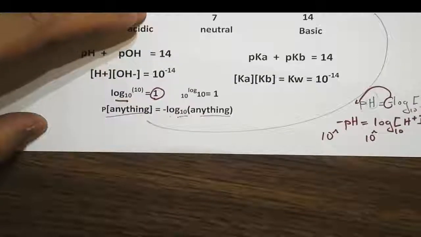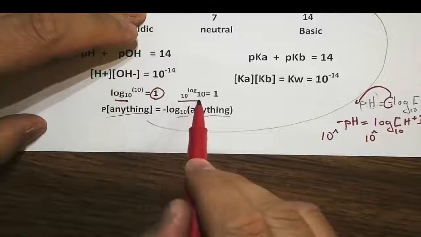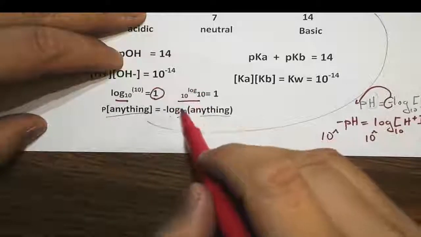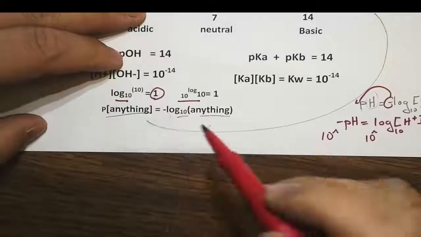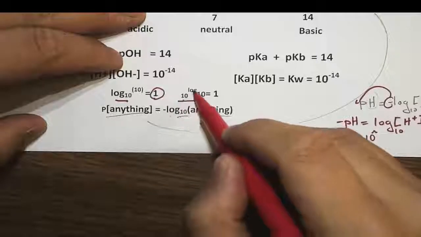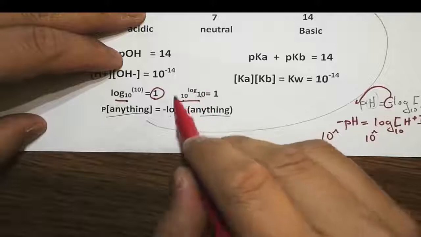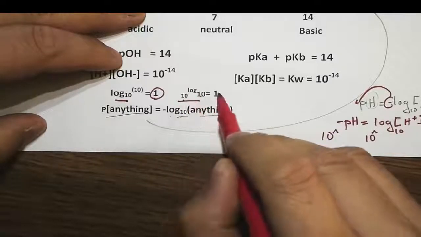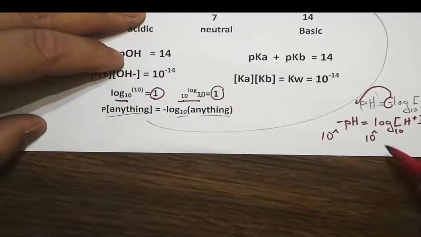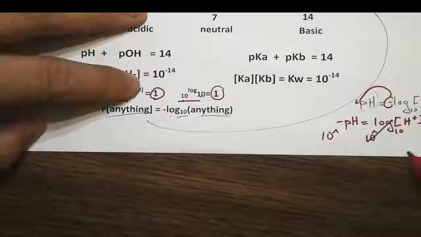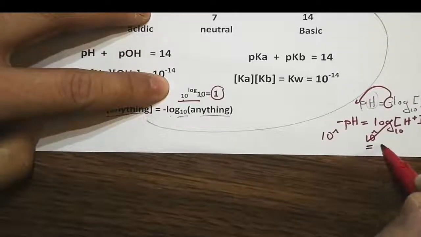Well, what do we have here? We also have another pattern, and that is called the anti-log. Okay? So basically 10 to the log with a base of 10, what happens to all this madness right here? It simplifies to equal 1 as well. So this whole entire thing right there is actually equal to 1.